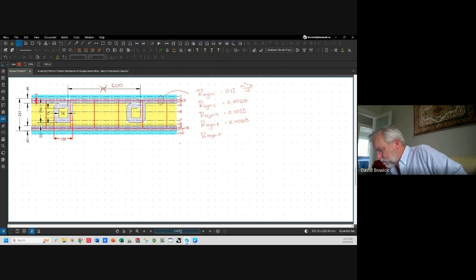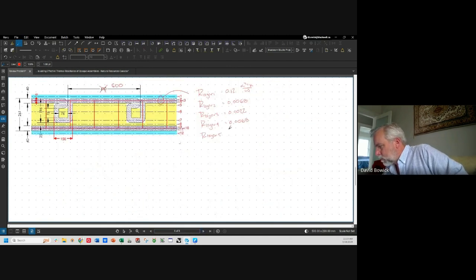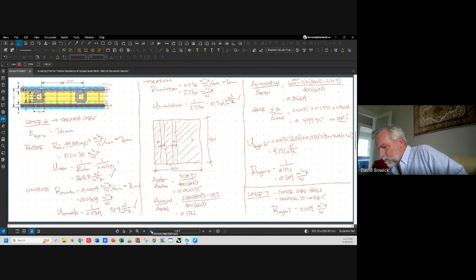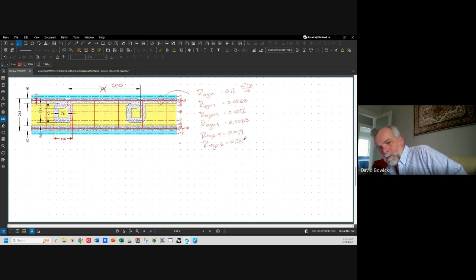R layer 5 is 0.059. Layer 6 is 0.209. Layer 7, remember, is identical to layer 5.